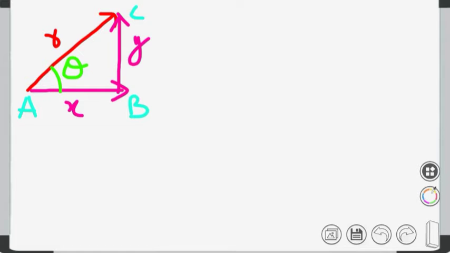So first of all, using this triangle, we will calculate the value of sine.